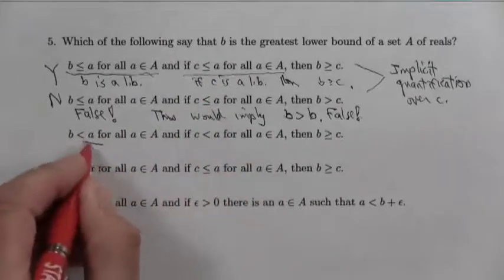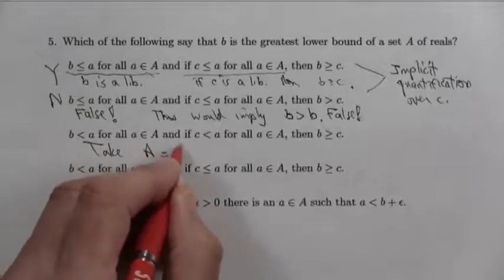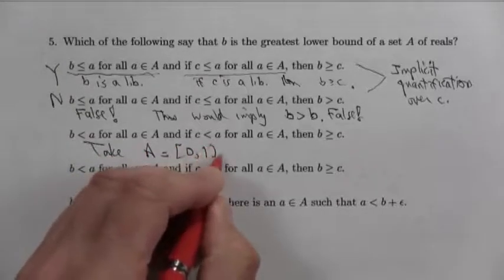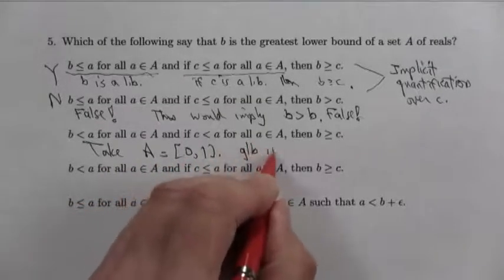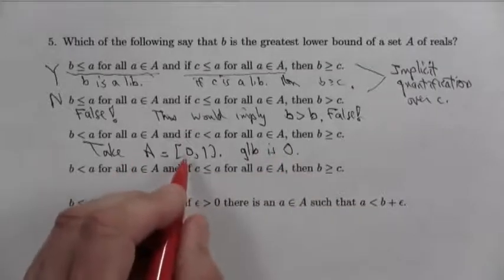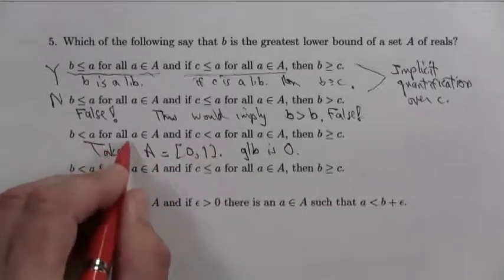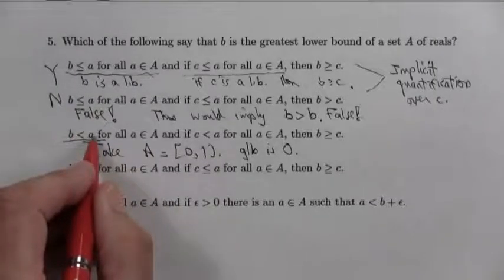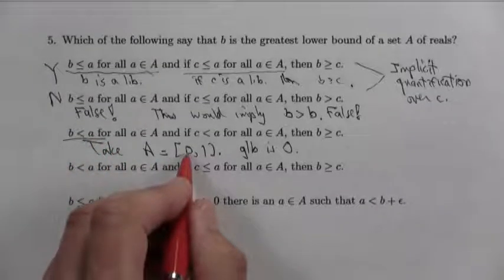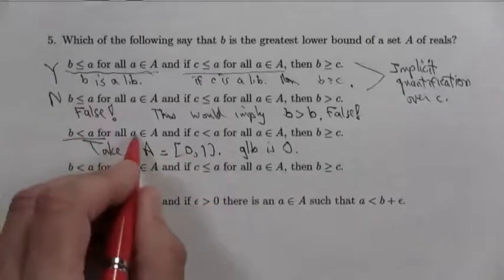What about this one? Let's just take A to be 0, 1. Okay? In this case, the greatest lower bound is 0. It's also the minimal element. And that's what I'm doing here, because here we're talking about B being strictly less than A for all A in A. But in this case, or in the case of any set where there's a minimal element, that minimal element will be the greatest lower bound, which means greatest lower bounds can be in the set, so they won't be strictly less than everything in the set.